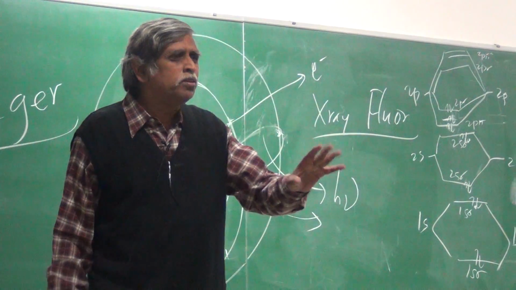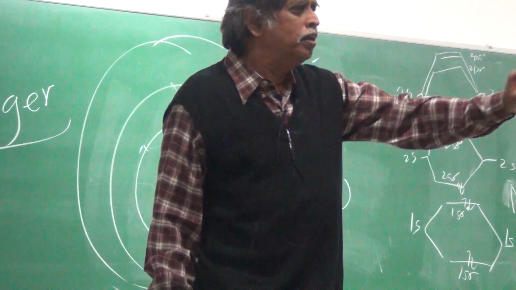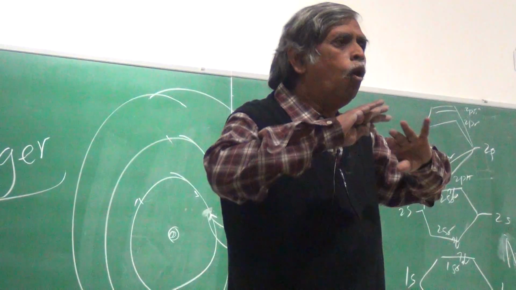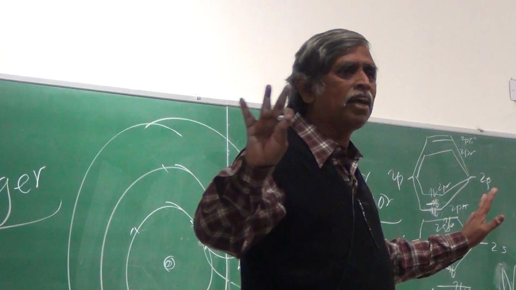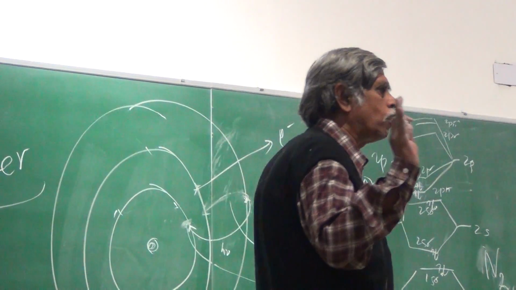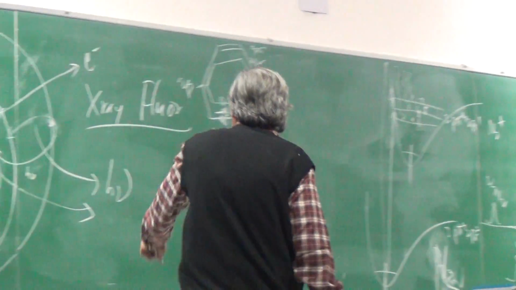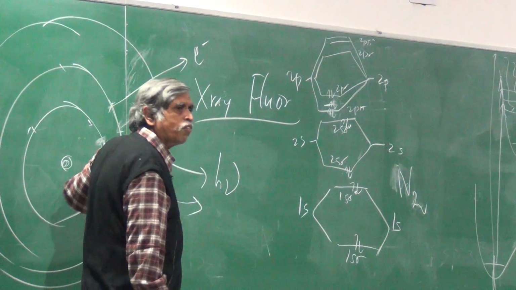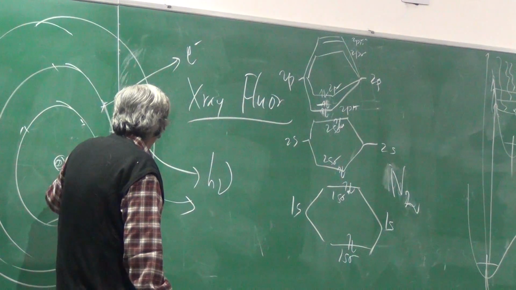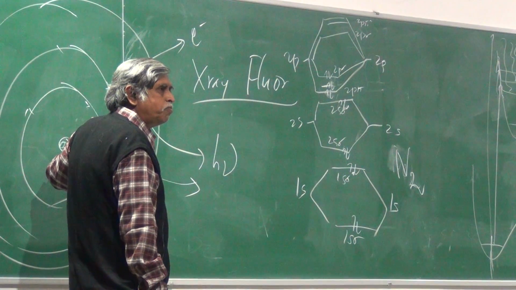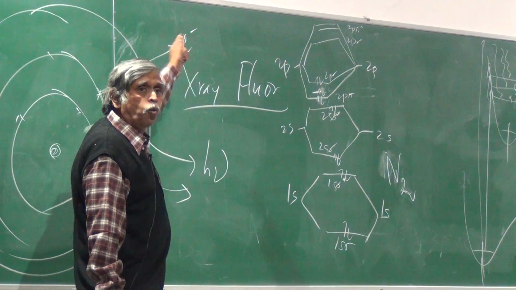So you can see what happens. The moment you kick an electron out of the orbital, there are a whole series of acts that can go. The whole drama is very complicated. You get photoelectron spectra to begin with. If you kick this guy out, you can have X-ray fluorescence. You kick this guy out, this guy jumps in and kicks this guy out, you have Auger.